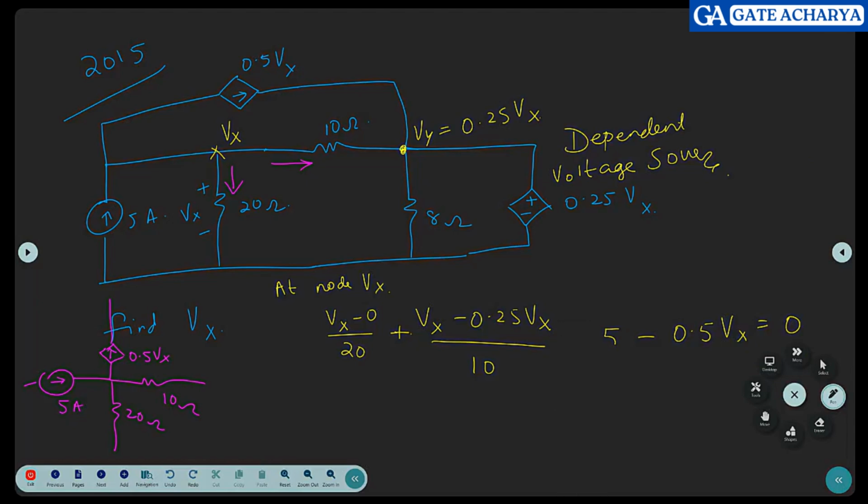What we are writing is every time all the currents leaving the node equal to 0. So this should be minus 5 and plus 0.5. You can always write like that also, but you should be very careful. When you say Vx minus 0, you are saying that current is going out. Because this is greater voltage, no? This is lesser voltage, Vx minus.